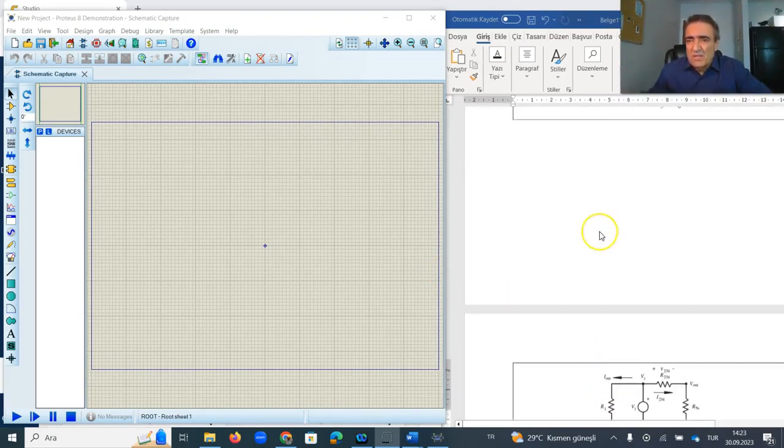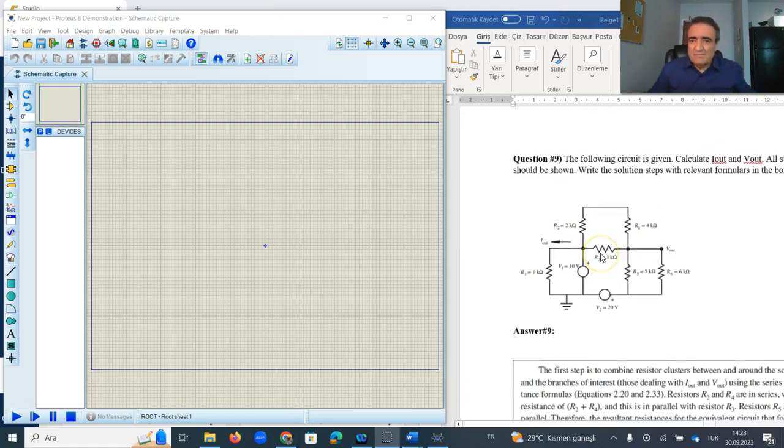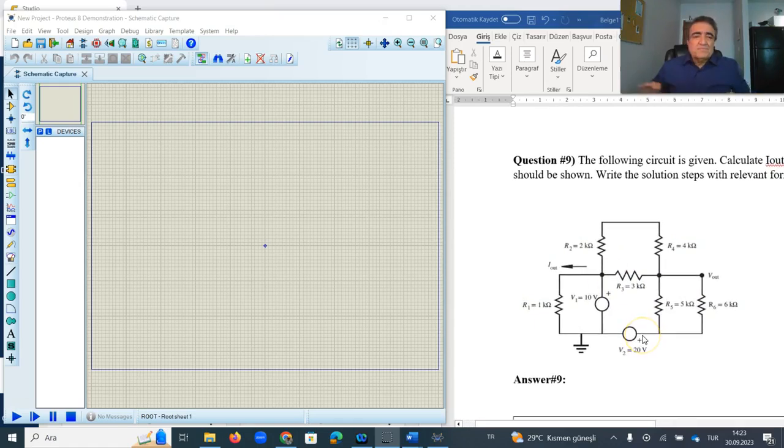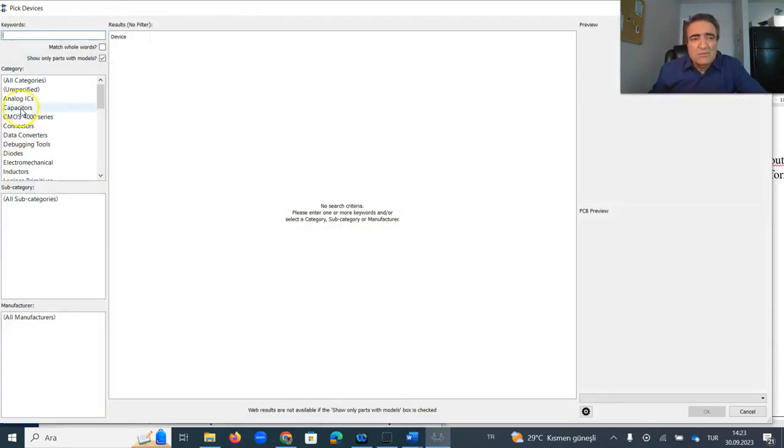So the problem was that this is our circuit. Please remember, first of all, you have to bring the parts that you want to use. And here we have 6 resistors. Therefore, I am clicking on the part list here. And in the new window, I am typing resistor.